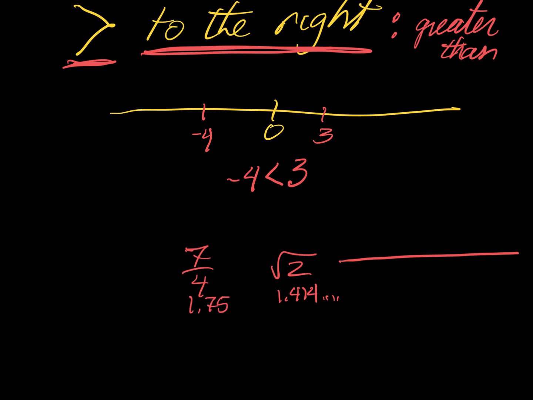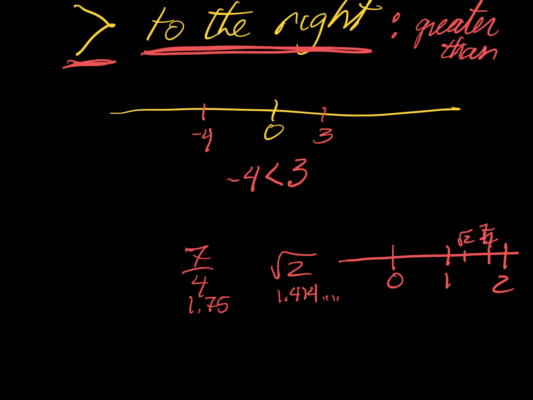And so now when I look at these on a number line, all right, I know that the square root of 2 is right around there, and 7/4 is right around there based on their decimal representations.